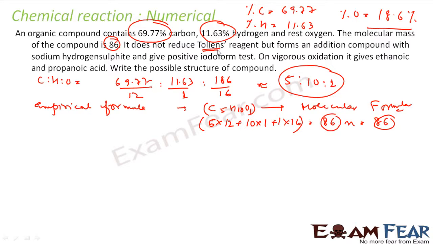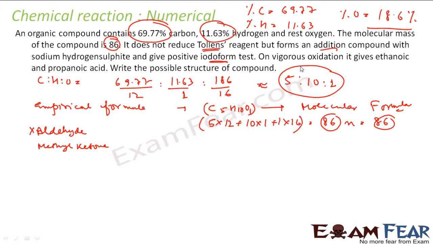Now it does not reduce Tollens' reagent. That is, it is not an aldehyde. Correct? But it forms an addition compound with sodium hydrogen sulfite and gives a positive iodoform test. So that means it is a methyl ketone. On vigorous oxidation, it gives ethanoic and propanoic acid.